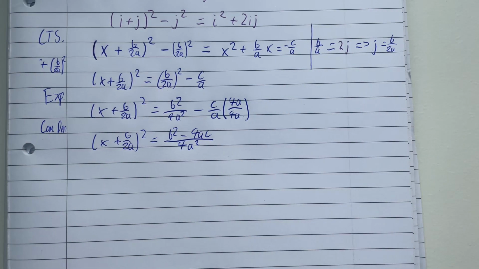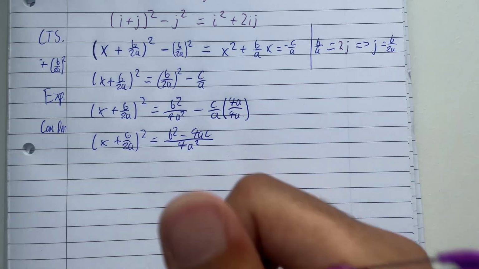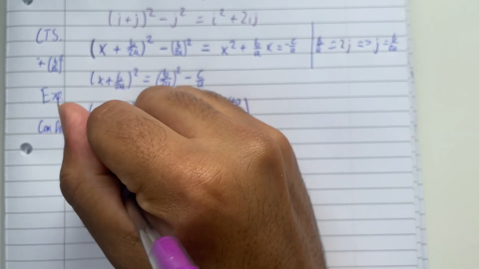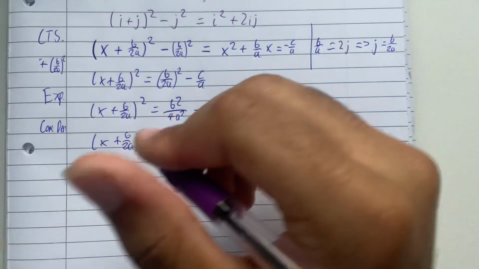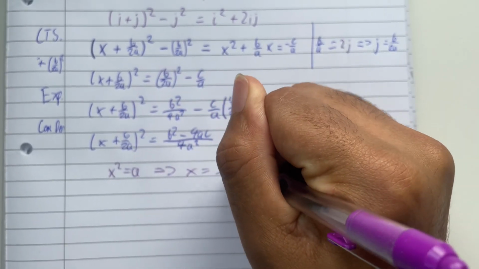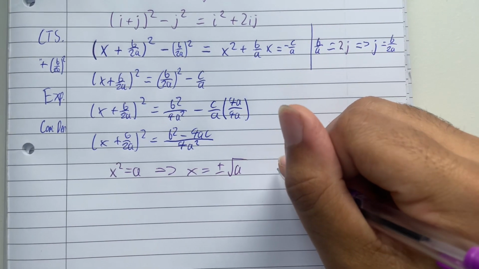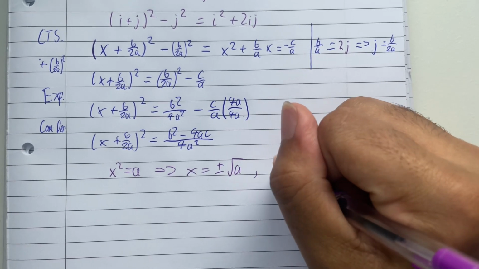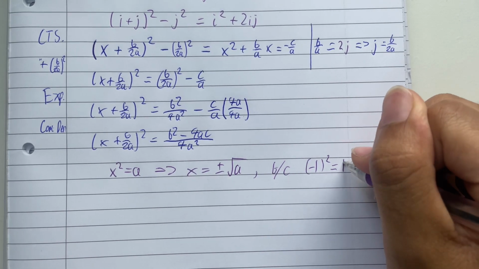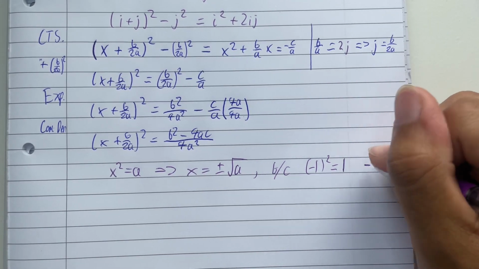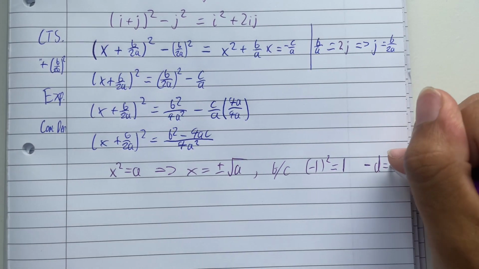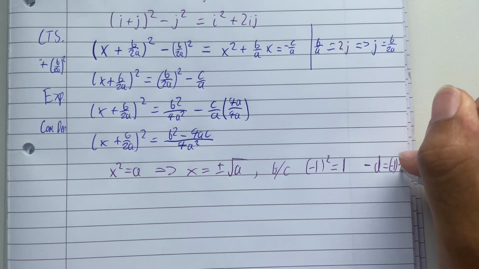Now, I want to take the square root, but remember, with an equation, if I have, say, x squared equals a, that would imply that x is equal to plus or minus the square root of a, because negative 1 squared is equal to just positive 1, and negative anything is equal to negative 1 times that thing.